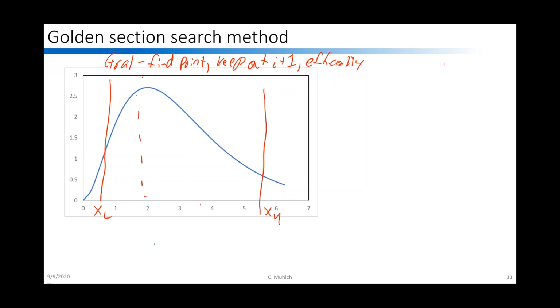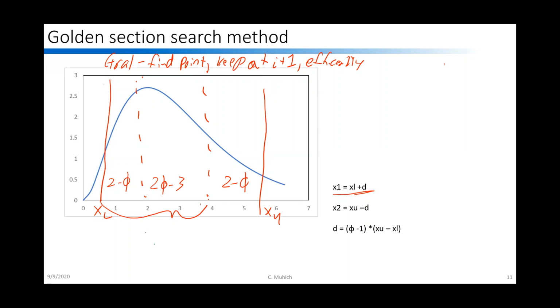So maybe we have a point here, and then maybe we have a point here at number 4. And it turns out that this is going to be most efficient when this first width is in a ratio of 2 minus phi to 2 phi minus 3 to 2 minus phi. So we can take these restrictions and put some numbers to it. We're going to call our first point x1 to be xl plus d.